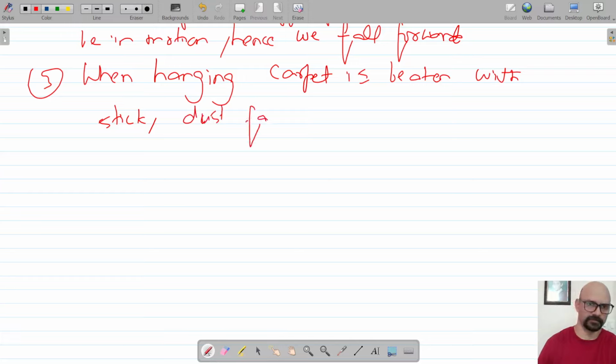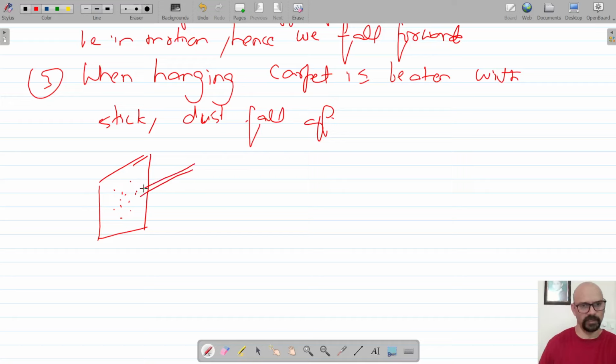So what is the reason? Let's say this is the carpet and we have dust on this. When we beat the carpet with a stick, it is pushed backward.